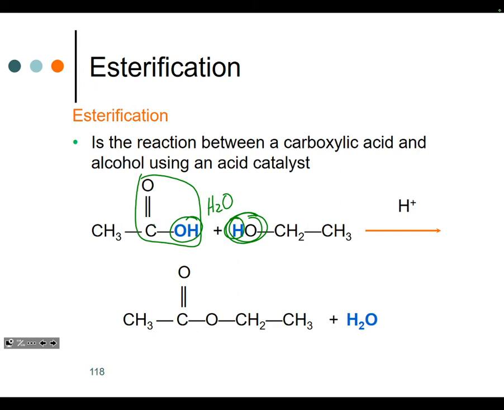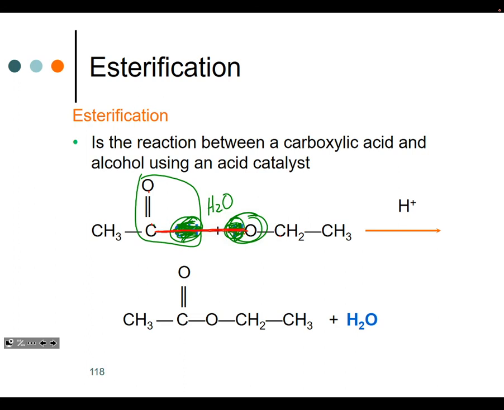When that happens, these disappear. This is gone. Okay, those are gone. They made some H2O, and this carbon comes and connects to that oxygen. Now you have COOC, you made an ester, and that's why it's called esterification.